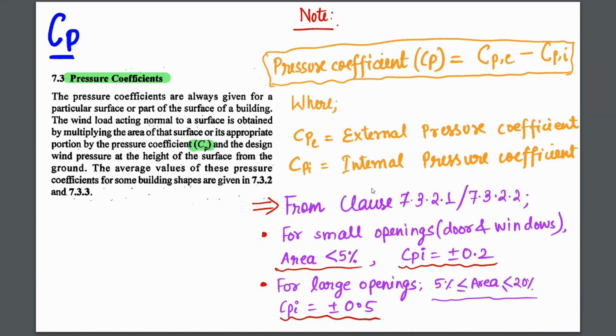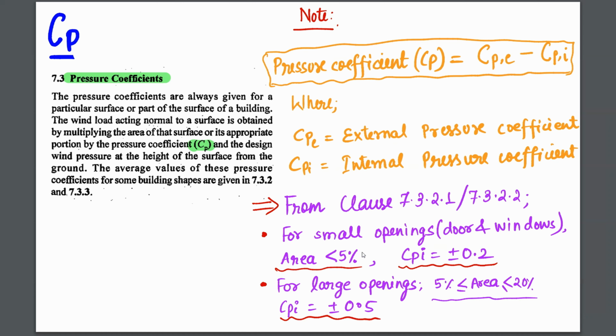From clause 7.3.2.1 or 2.2, which is given in IS code, we can get that Cp internal value is plus minus 0.2 if the opening area is less than 5%. Opening area means the area from where the truss structure opens, that is from doors, windows, or any other opening which is provided in our structure.